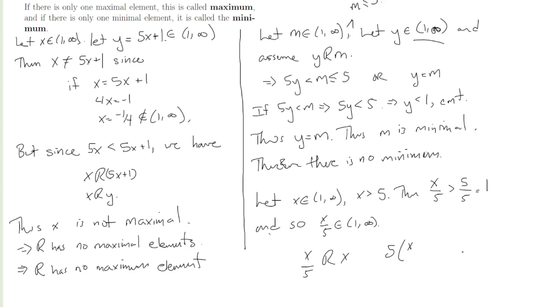So what do I want here? I need that x is bigger than 5, and therefore it doesn't work. I need a number that is slightly below x, but still greater than 1.